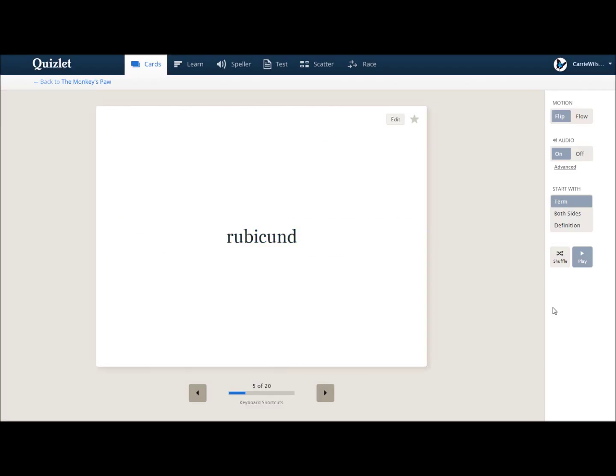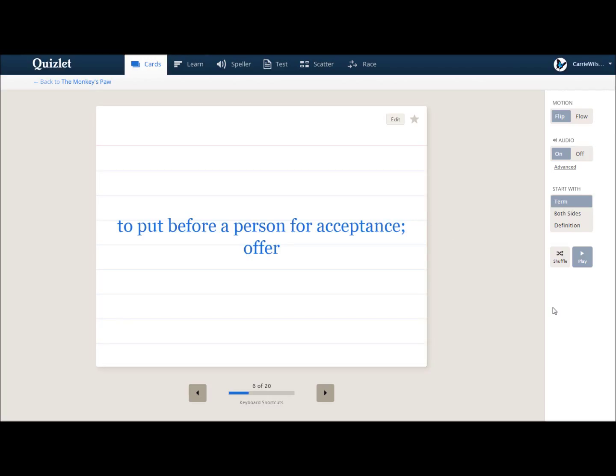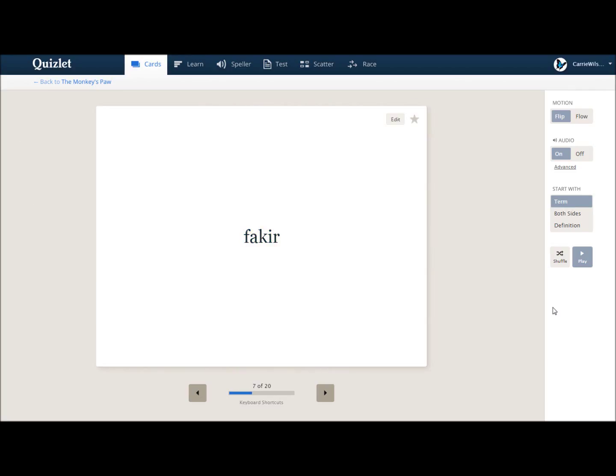Rubicund, red or reddish, ruddy. Proffered, to put before a person for acceptance, offer. Fakir, a Muslim or Hindu religious person.